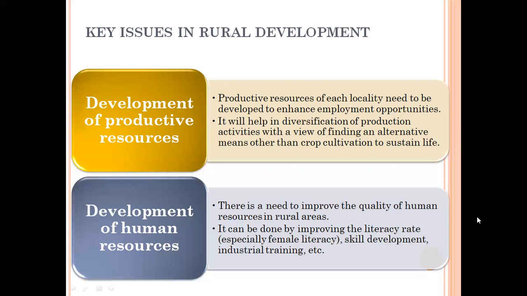There is a need to improve the quality of human resource in rural areas, and it can be done through improving their literacy rate, skill development, and industrial training. A lot of work has been done already in this area, and NGOs are also playing an important role in the development of human resource.